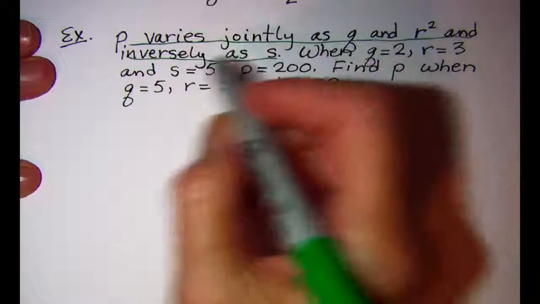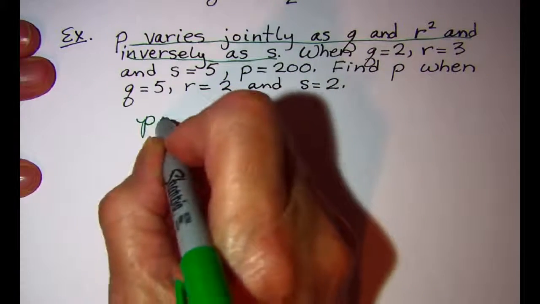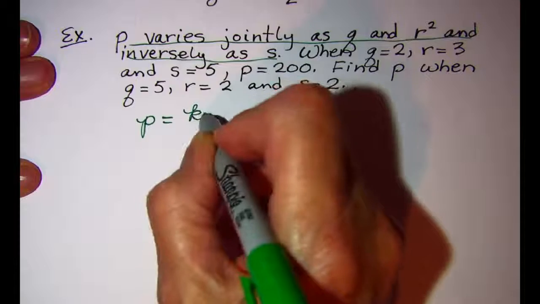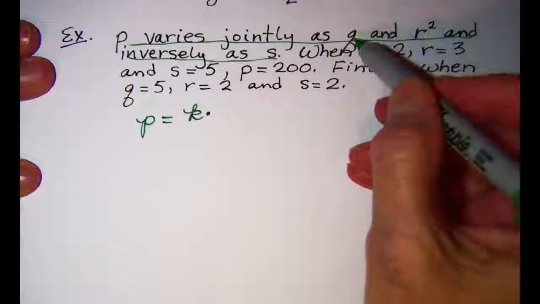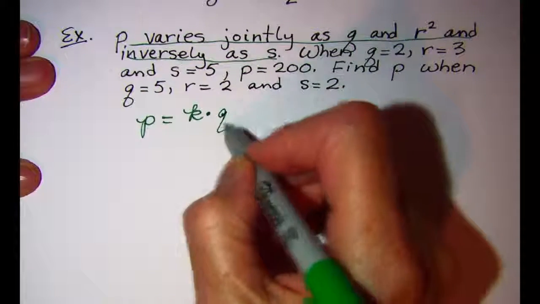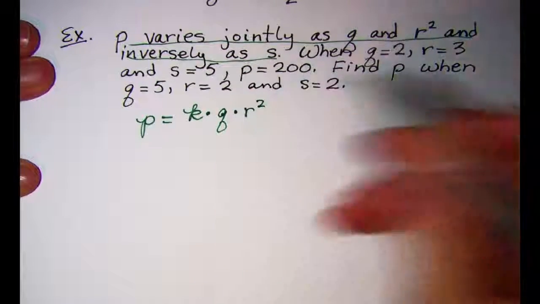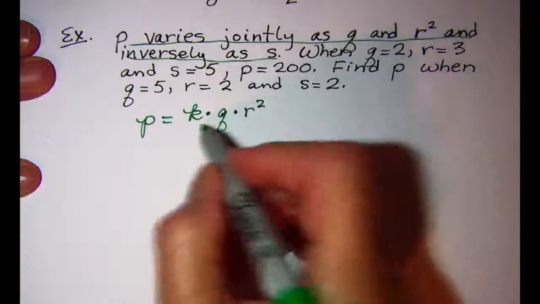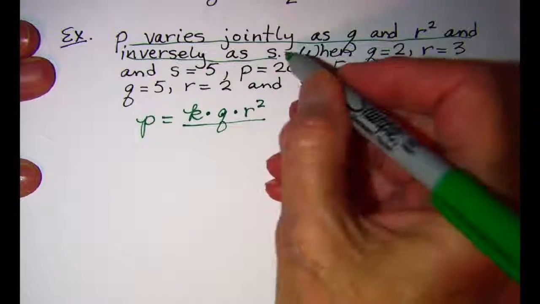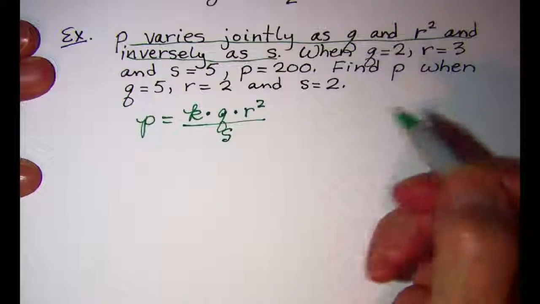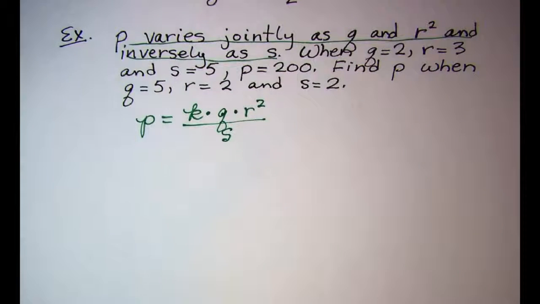P varies jointly, so P equals K times Q times R squared, and inversely as S. This is our equation that we'll be working with.